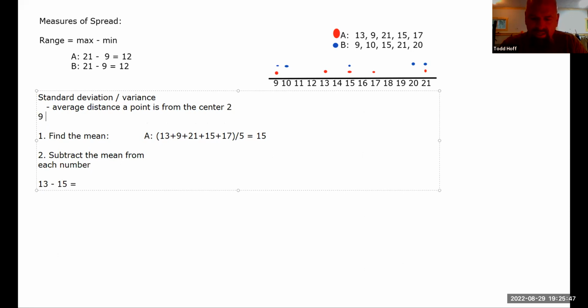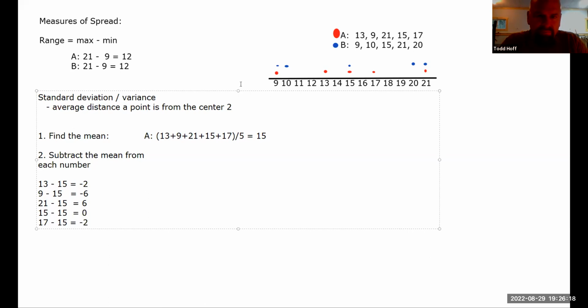We've got 9. 9 minus 15 is -6. 21. 21 minus 15 is +6. 15. 15 minus 15 is 0. 17. 17 minus 15 is +2.